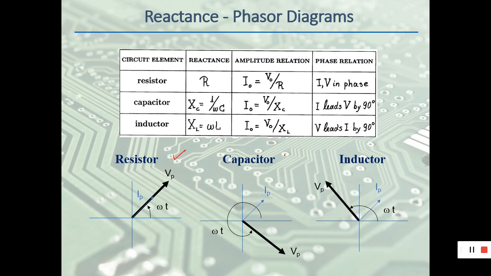For the capacitor, I leads V, or V lags I. V lags I means that I is in front of V by 90 degrees. For the inductor, V leads I by 90 degrees. For the resistor, we know that V and I are in phase.